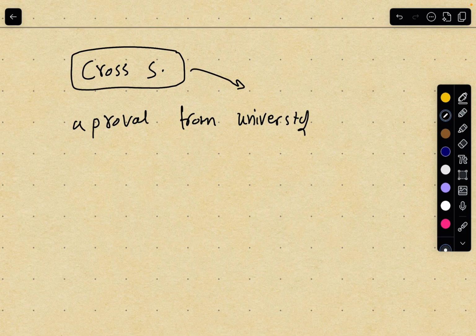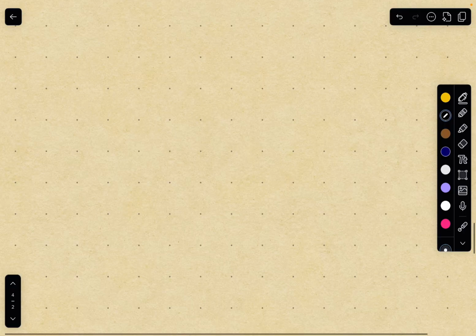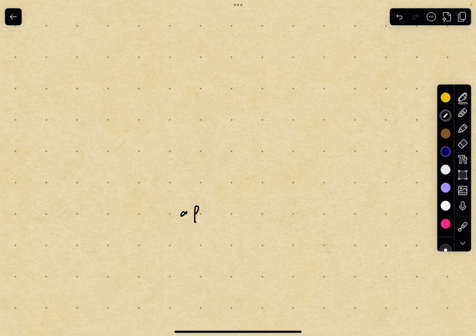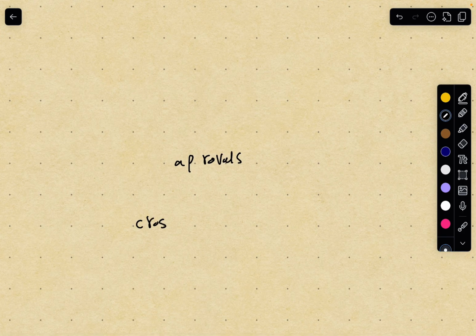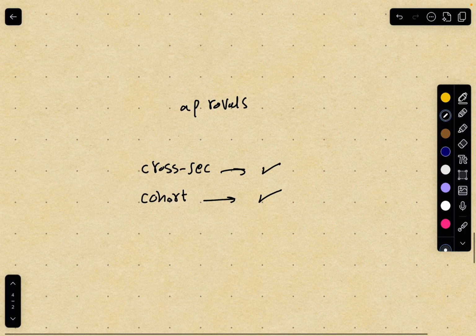Let's talk here about approvals in general before we start talking about the other types. So for cross-sectional, you need approval. For cohort, you need approvals.